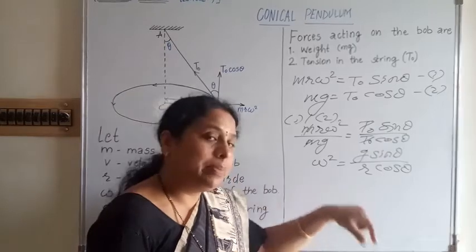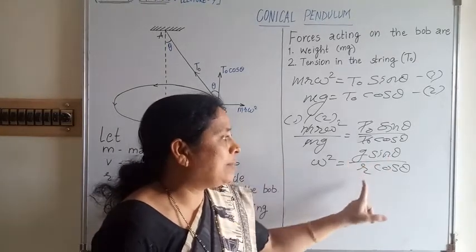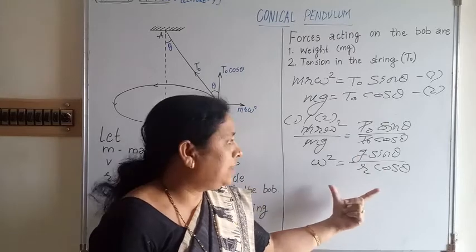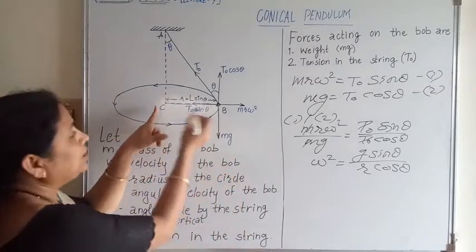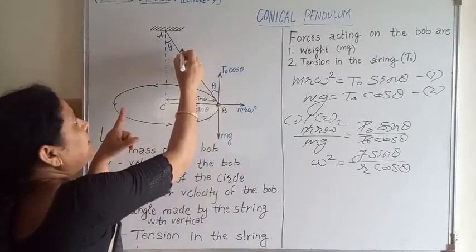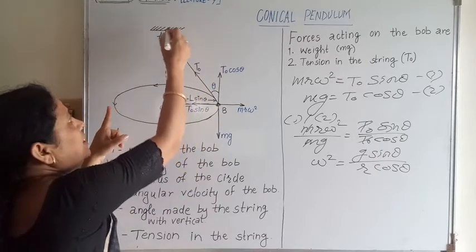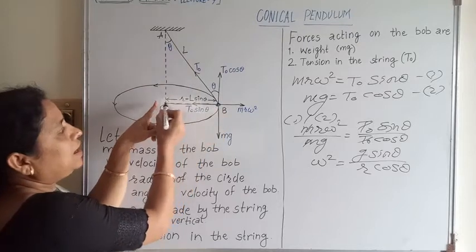We have to find the period and frequency. I can say omega is equal to under root g sin theta upon r cos theta. But instead of that, I first put the value of r. So r is the radius of that horizontal circle. Here this is the string, capital L. We can say the capital L is the length of the string, and this angle is theta, and this is the radius.